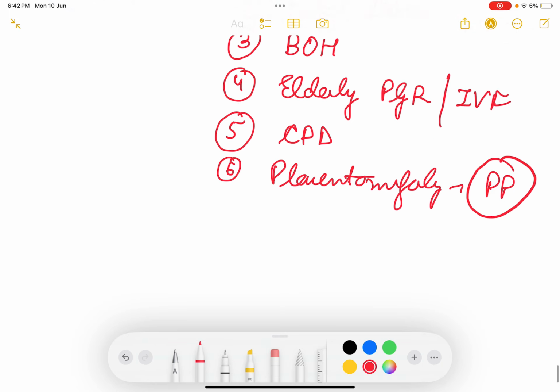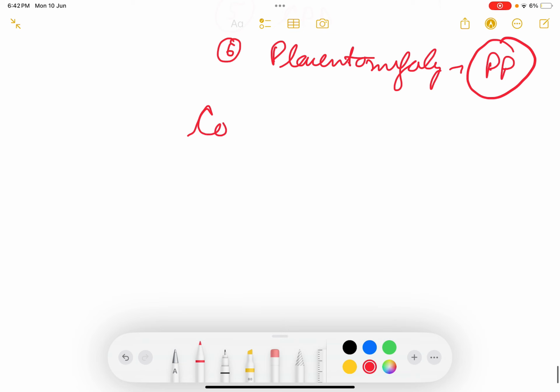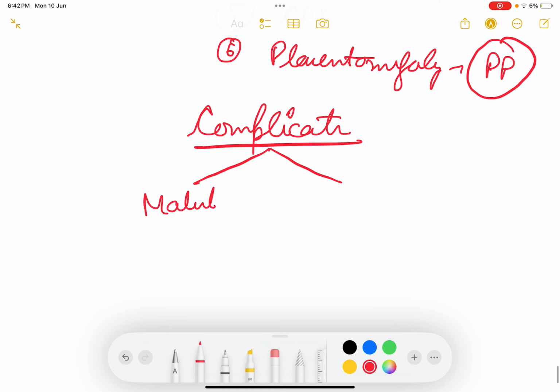What are the complications of diabetic mothers? What are the complications is the next question which is asked. So complications can again be divided into maternal and fetal. Always divided into maternal and fetal. Maternal complications can be infection.